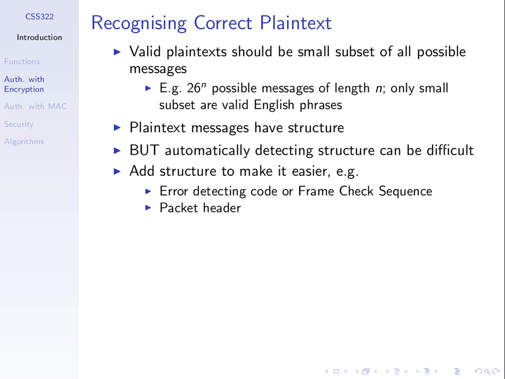If we're looking at the English, or any language, the valid plaintexts should be a small subset of all possible messages, such that if we use the wrong key, or if the ciphertext has been modified, when we decrypt, we get some value which is not a valid plaintext.